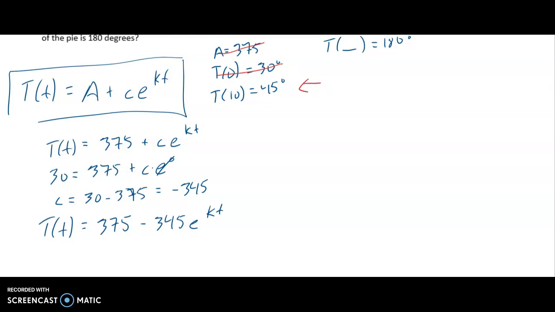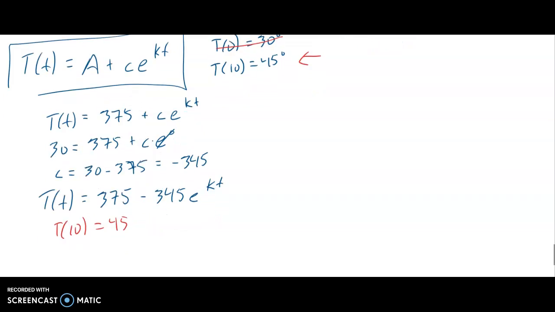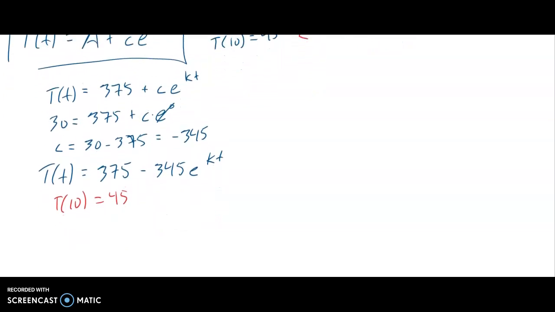So I know that T of 10 is equal to 45. So let me switch back to my blue. Scroll down. All right, so what I'm going to do is let 45 be on the left side, equals 375 minus 345 times e to the k times, what's the t value? It's 10.